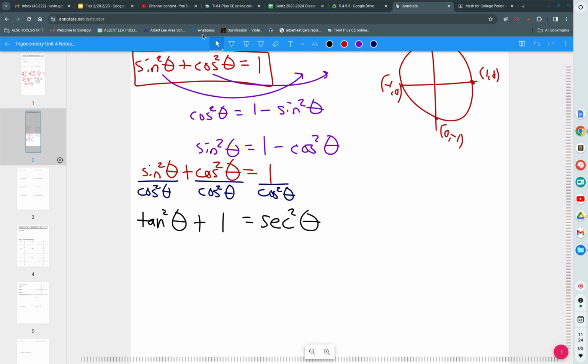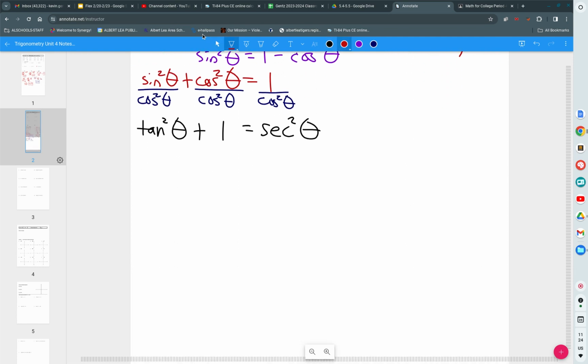One more formula. I'm going to go ahead and write down sine squared plus cosine squared is equal to 1. And instead of dividing by cosine squared, anybody going to guess what I'm going to divide by? I'm going to divide by sine squared.